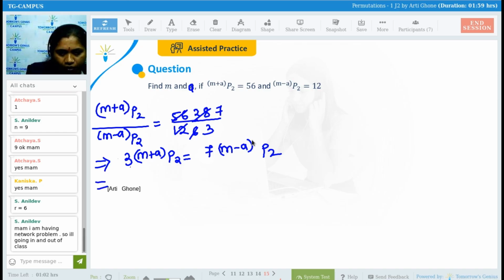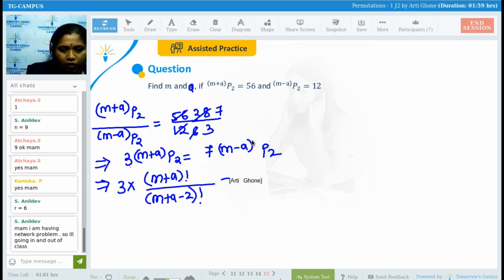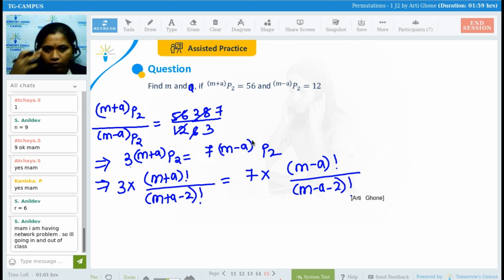So this one will be 3 times of (m plus a) factorial upon (m plus a minus 2) factorial. It will be 7 times of (m minus a) factorial upon (m minus a minus 2) factorial. Yes, no?